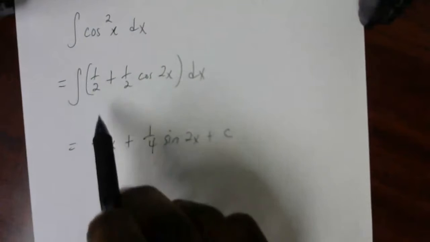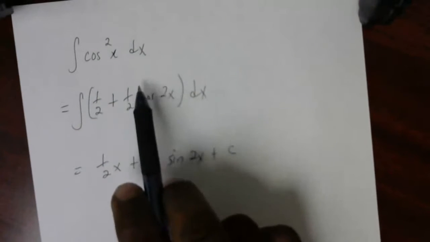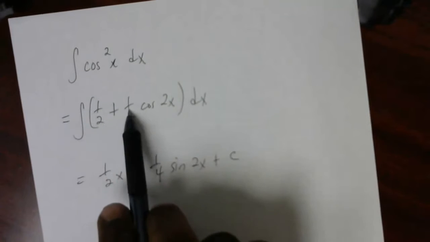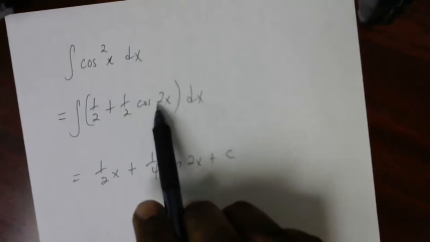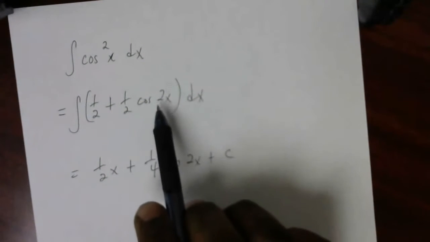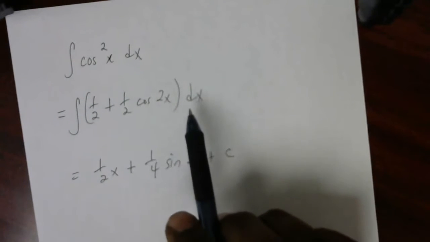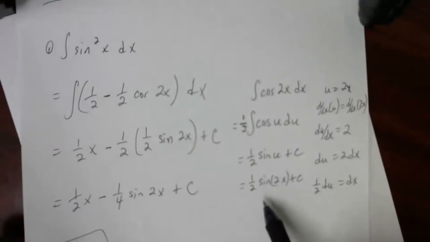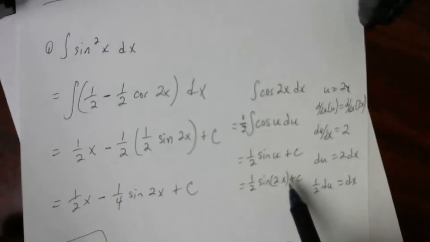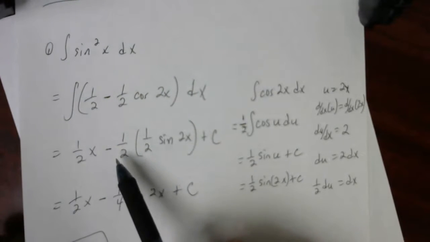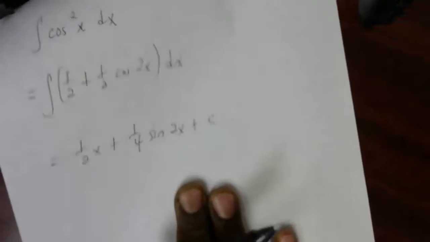So notice if I integrate 1/2, I get 1/2 x. Here again, I would pull 1/2 in front of the integral operator. We previously integrated cosine 2x as 1/2 sine 2x plus c. So the only real change here is the sign.